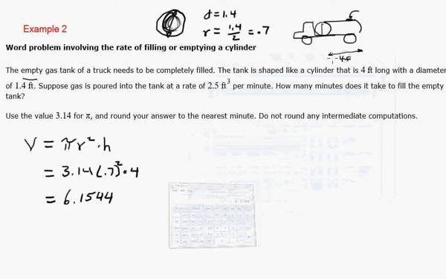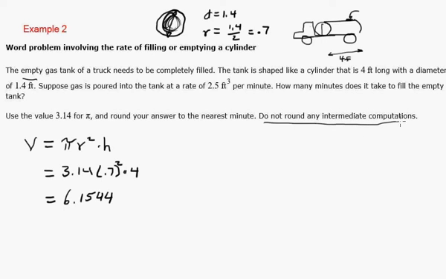I didn't do any rounding or anything. That's what it means when it says do not round your intermediate computations. I just did it all at once. Now suppose that gas gets poured into the tank at 2.5 cubic feet. It's not always going to be 2.5. These examples just have it that way.